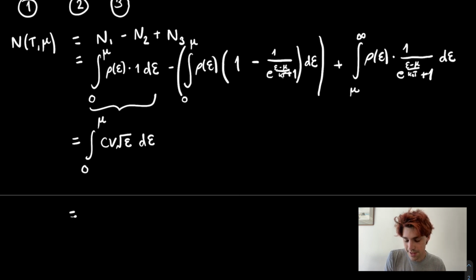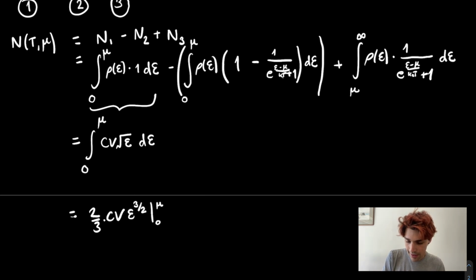The integral of a square root is just 2/3 of whatever's under the square root to the 3/2, evaluated between the two limits. So it's going to be 2/3 times CV epsilon to the 3/2 evaluated between 0 and mu right there.